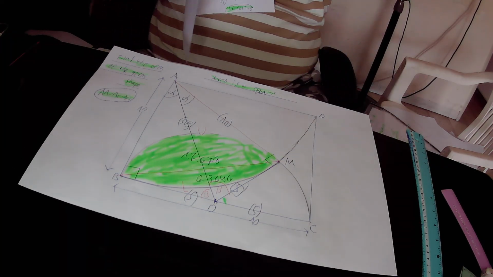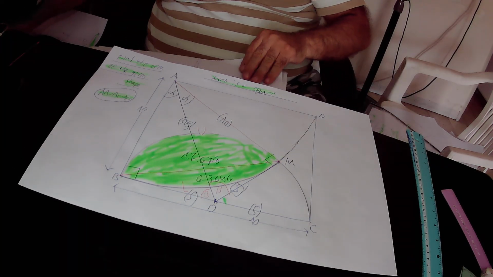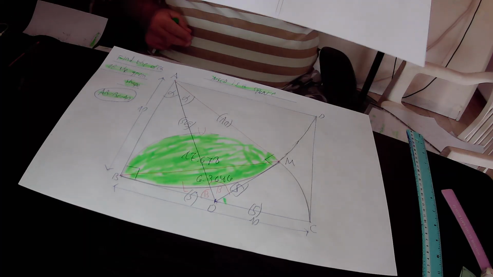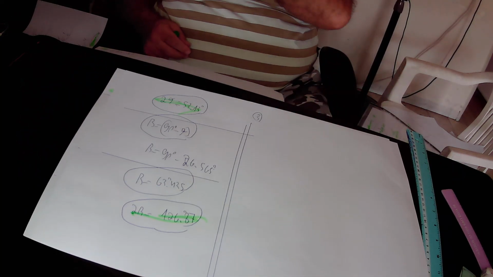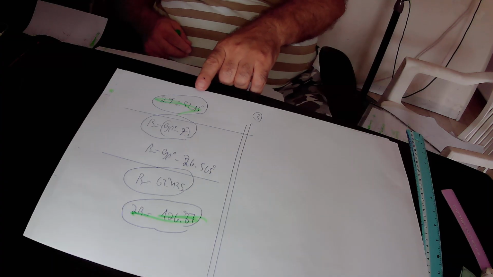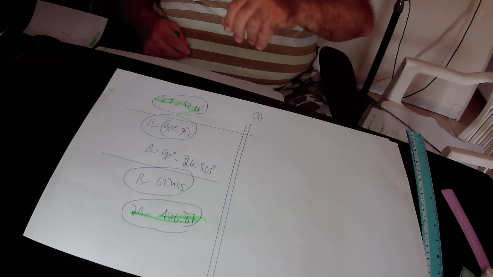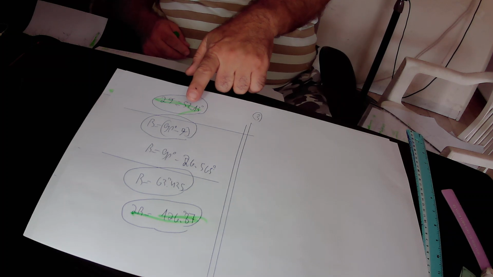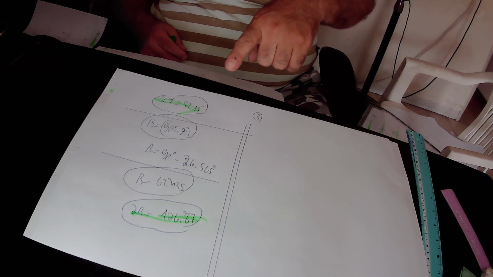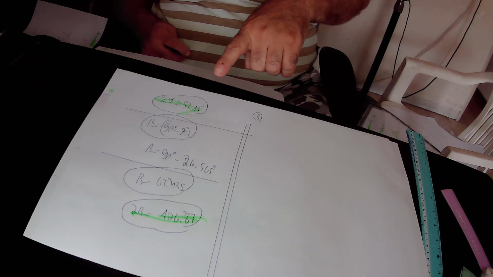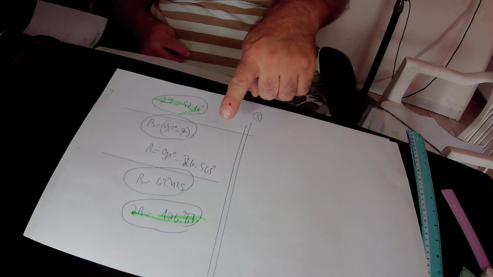And therefore, 2 alpha equals 2 times 26.565, that is 53.13 degrees. We already found out that beta equals 90 degrees minus alpha, and alpha equals 26.565.